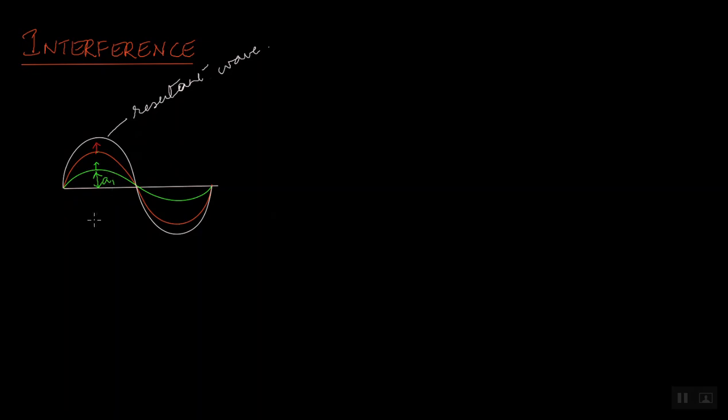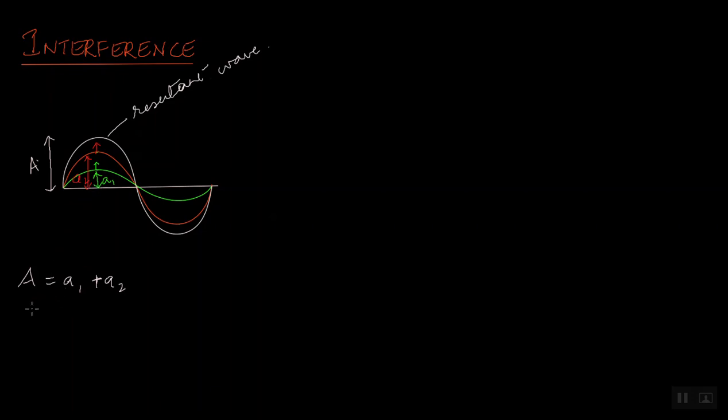Let's call this amplitude A1. The red wave, its amplitude is from here till here. Let's call this amplitude A2. And the resultant wave, you can see that its amplitude is large. Let's call this A. In fact, the amplitude here is A1 plus A2. It is the vector sum of these amplitudes.